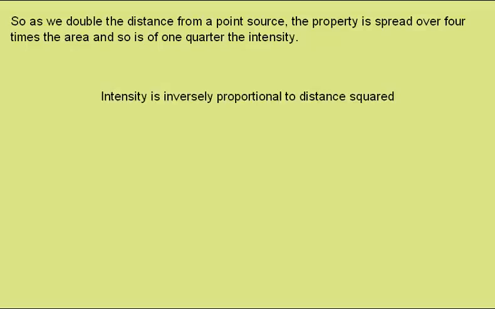We can write that intensity is inversely proportional to distance squared, or in symbols with I for intensity and r for distance. We can also write that intensity I would be equal to the power P divided by 4 pi r squared, as 4 pi r squared is the area of a sphere of radius r, that all the power emitted by the point source must pass through.